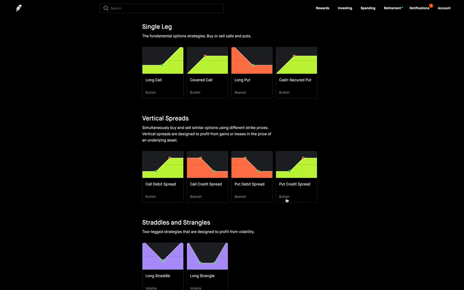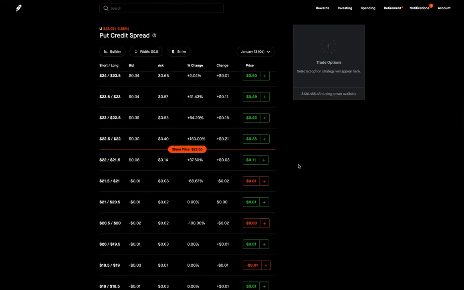Robinhood tells me right here that this is indeed a bullish strategy. No longer do you have to remember the names of these strategies, whether they're bullish or bearish, or how to set them up, because this tool does most of that for you. Now we can click on put credit spread. Same thing here, look at the top and make sure that this is the correct strategy that you're thinking of using.